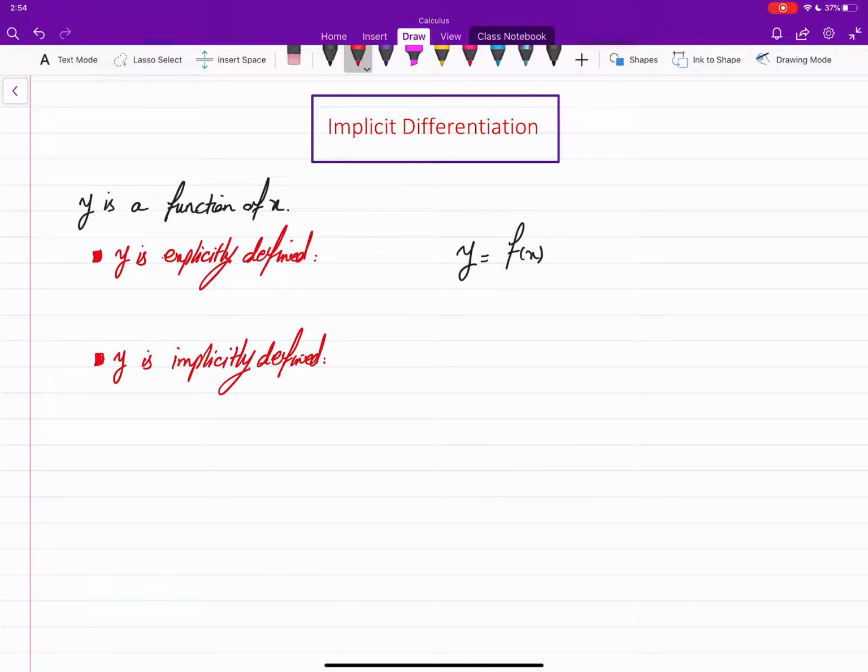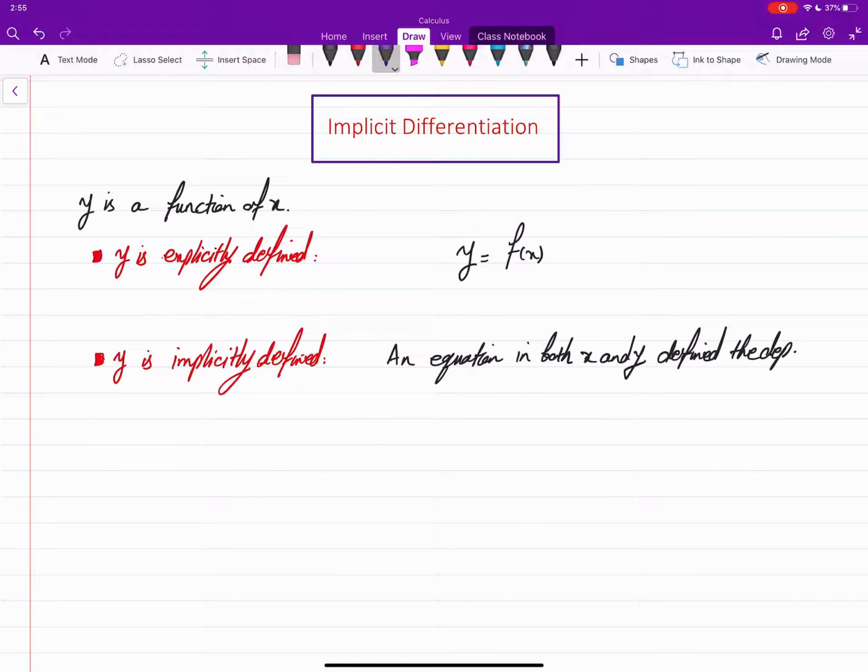It means that y is not given explicitly as an expression of x. There is an equation in both x and y that defines the dependence. So the way y depends on x is given through an equation, and we have to go through that one.